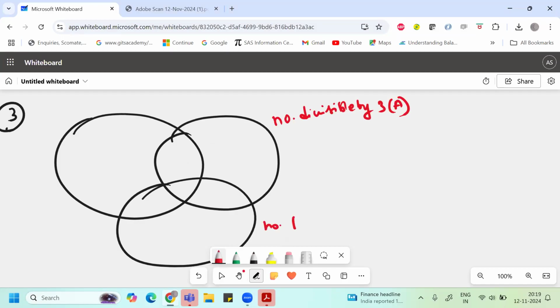Number divisible by 5. Sorry, my spelling mistake would be there. Suppose this is B. And what is C? C is the number divisible by 7. I hope you guys can understand my handwriting.